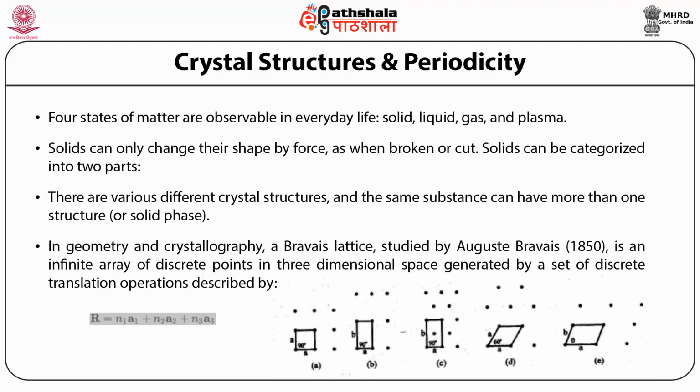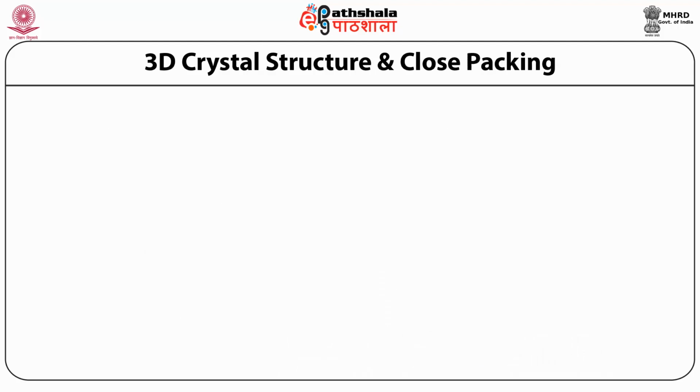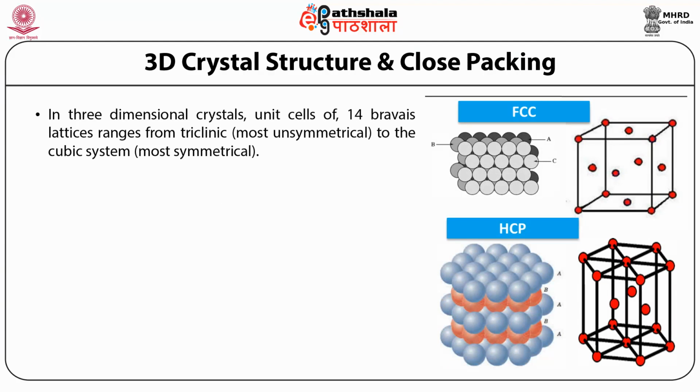In the figure, we have shown the 5 two-dimensional Bravais lattices. In a 3-dimensional crystal, the unit cells of the 14 Bravais lattices range from triclinic, which is the most unsymmetrical, to the cubic system, which is the most symmetrical one.